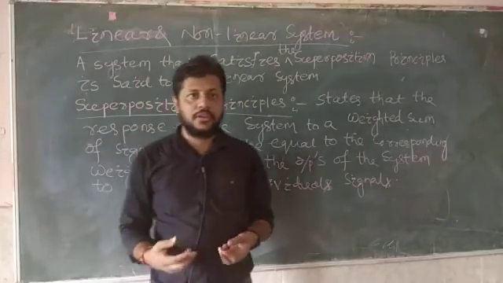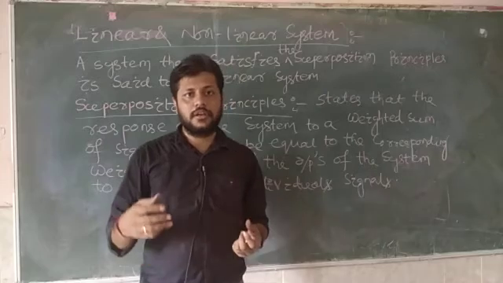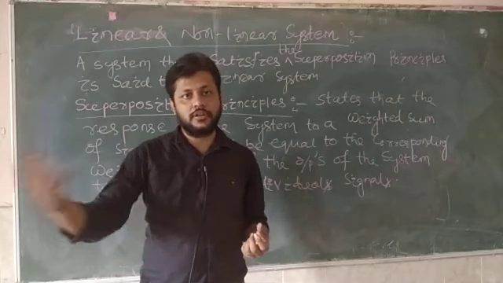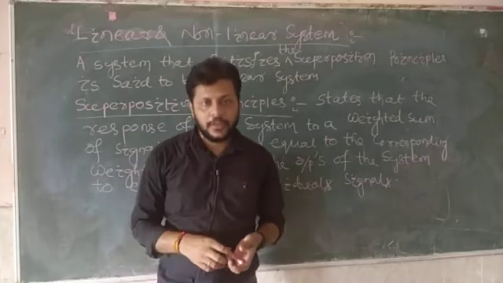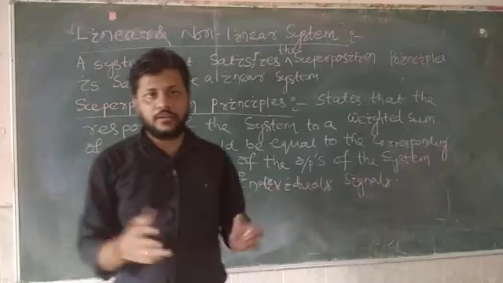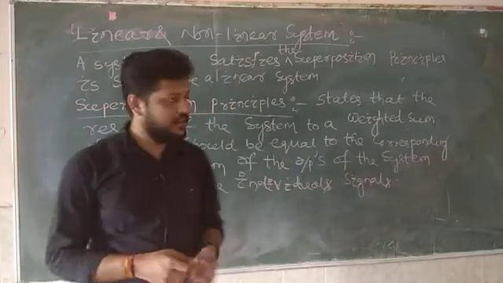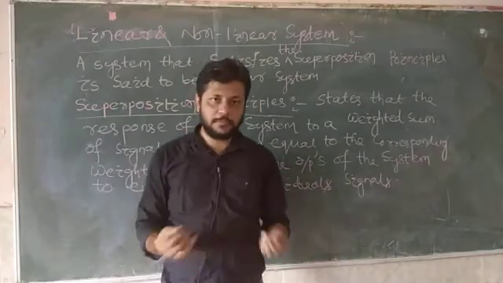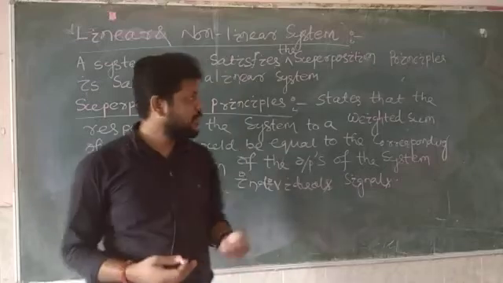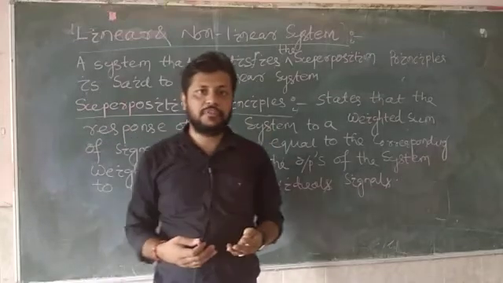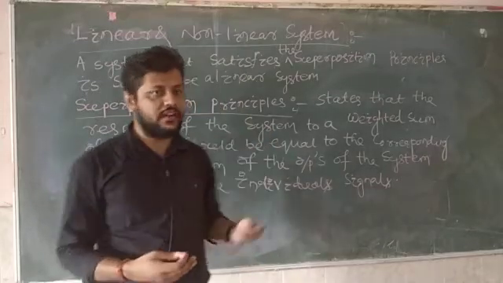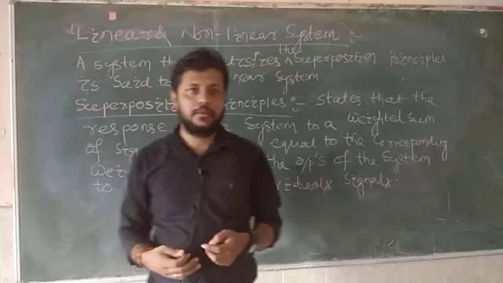In that case, individually you short circuit or open circuit the other sources, consider only one source, and finally add all the responses of each source. We will see here also the same principle but in a different way. So a system is said to be a linear system if it satisfies the superposition principle.